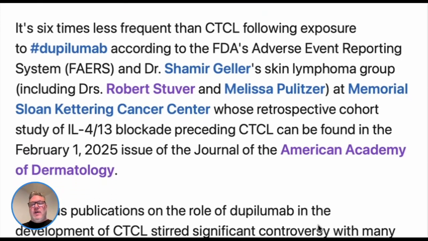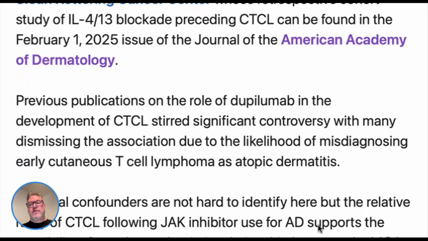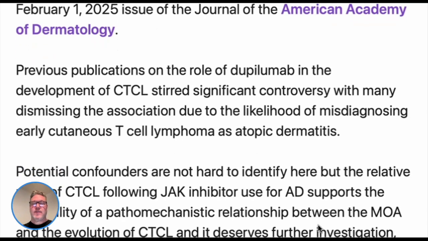Previous publications on the role of dupilumab in the development of CTCL stirred significant controversy, with many dismissing the association due to the likelihood of misdiagnosing early cutaneous T-cell lymphoma as atopic dermatitis.